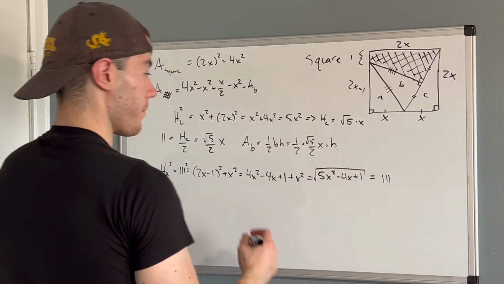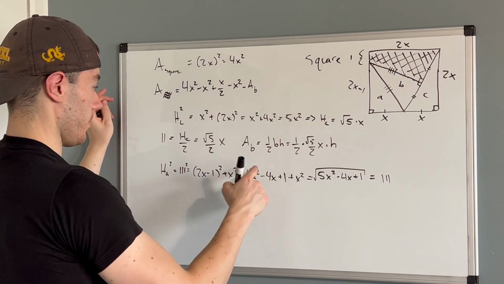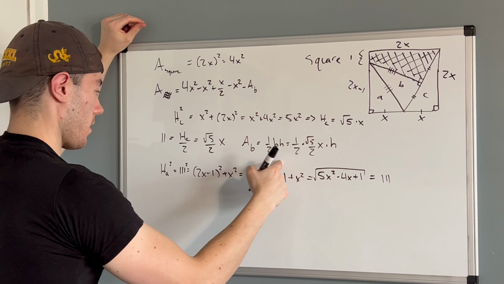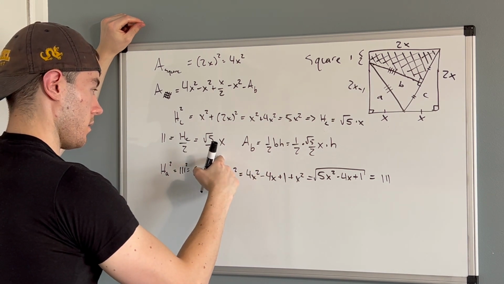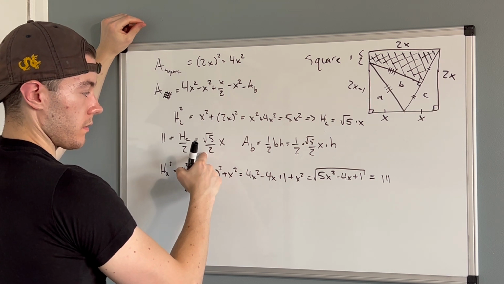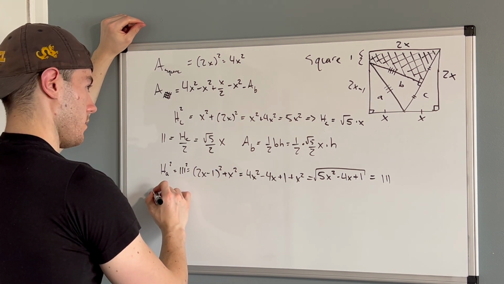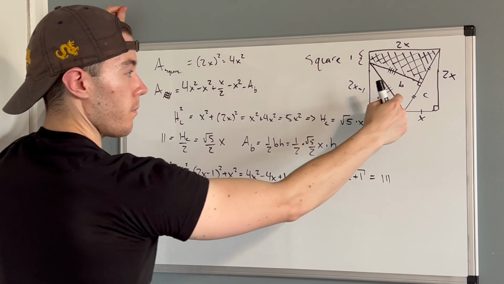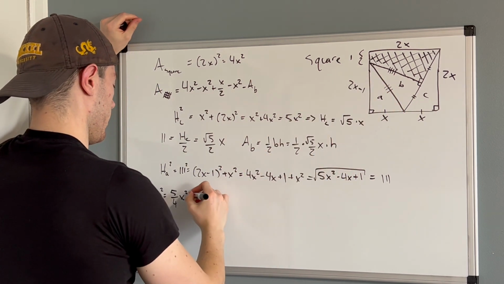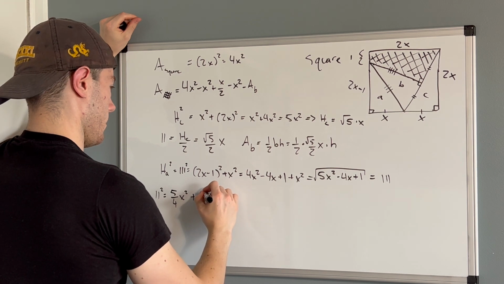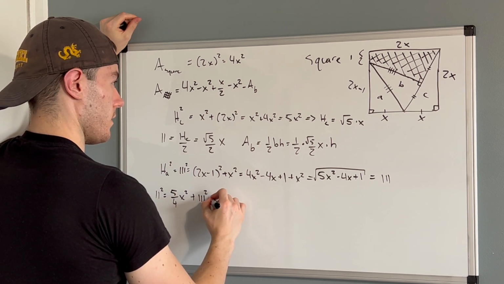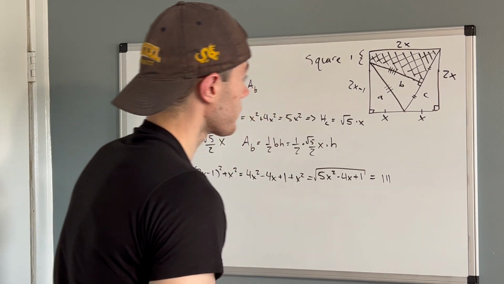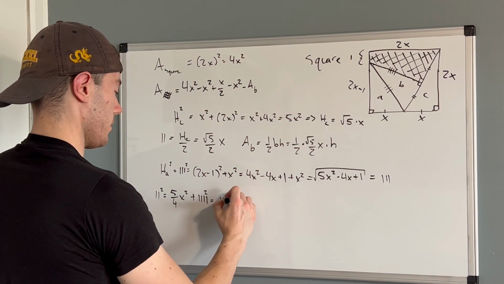And then now we can do, remember 2 is equal to, let's do 2 squared actually. 2 squared is equal to 5/4 x squared plus 4 squared is equal to 3 squared.